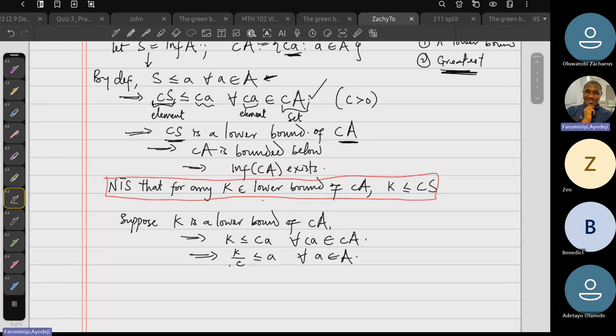What does this line mean? If anytime you see this line, what does that tell you about K over C and capital A?